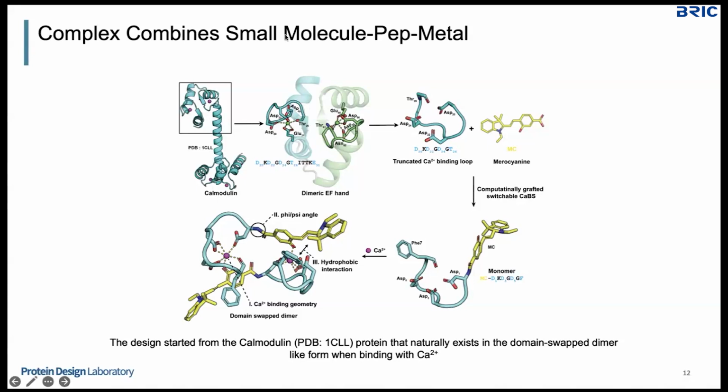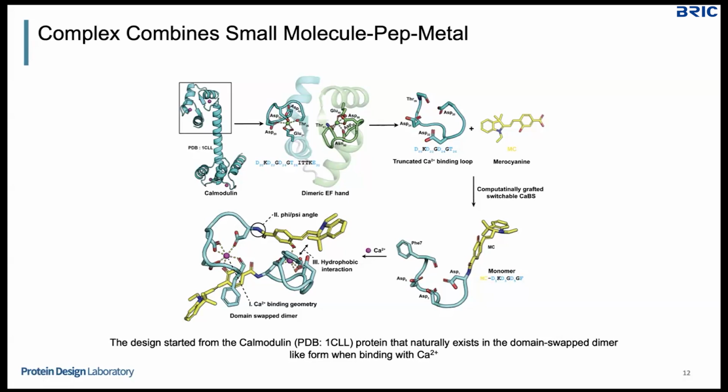What we did is pick the calcium binding site from one of these motifs, truncate it, and conjugate it with the merocyanine, which is a photoswitchable moiety that I will talk about in the next slides. After computationally grafting both the merocyanine and the peptide, the design was done as a monomer form.